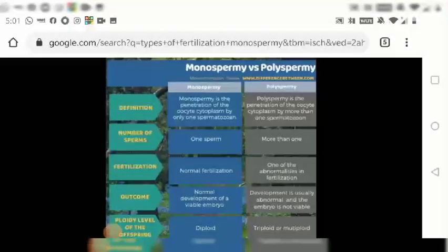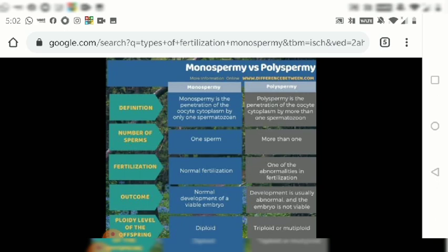Related to monospermy and polyspermy, there is one more concept called amphimixis. So what is this amphimixis? It is nothing but the fusion of two nuclei. Generally we know that one is sperm and one more is egg. It will attach at the plasma membrane, at the pointed acrosomal end. The rest of the sperm are usually carried away by the egg's jelly material.